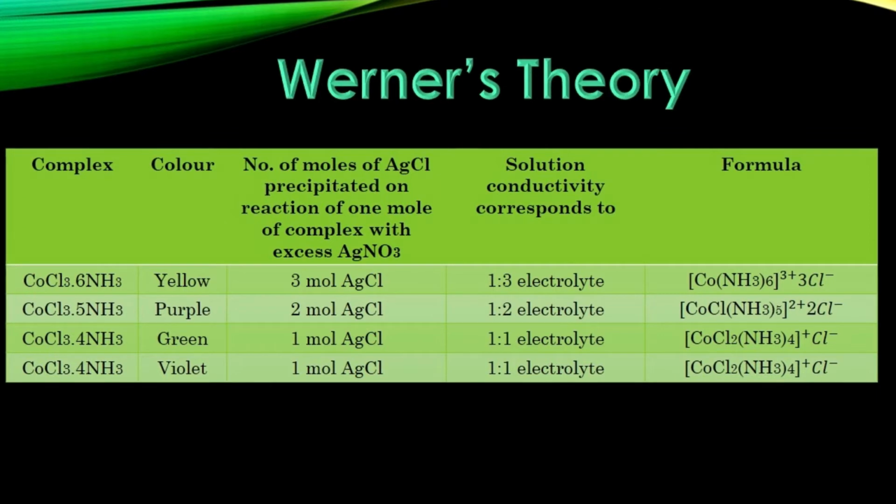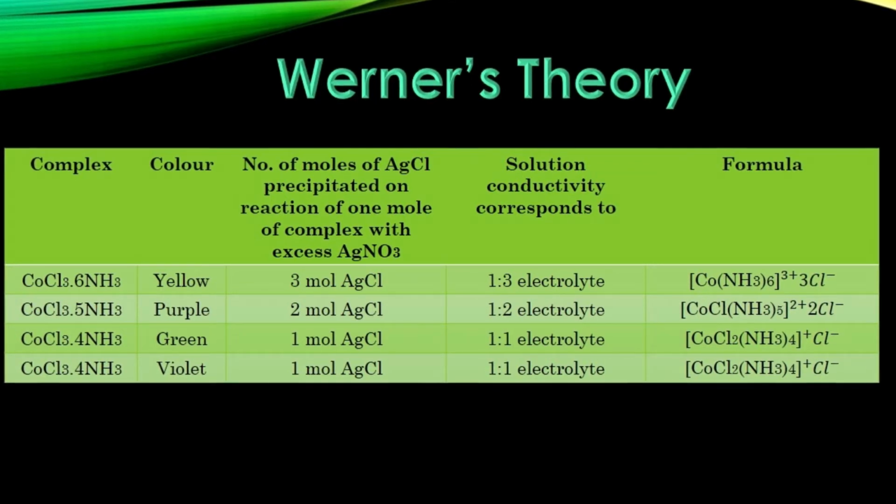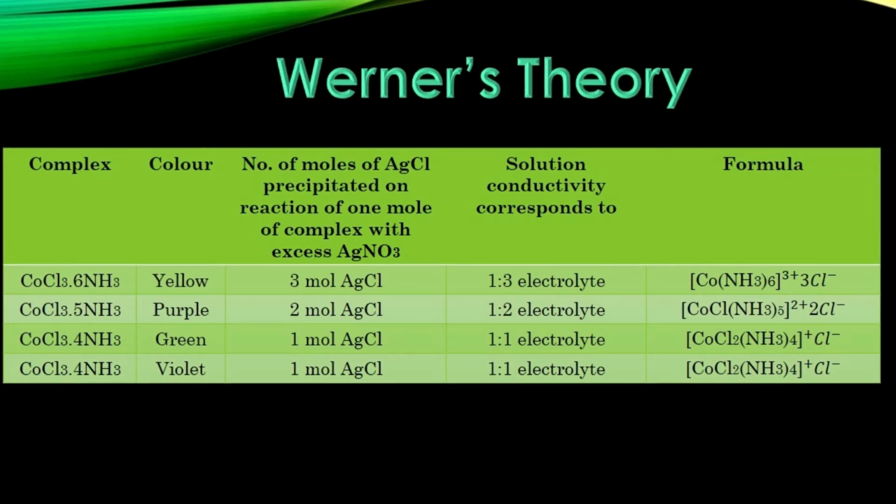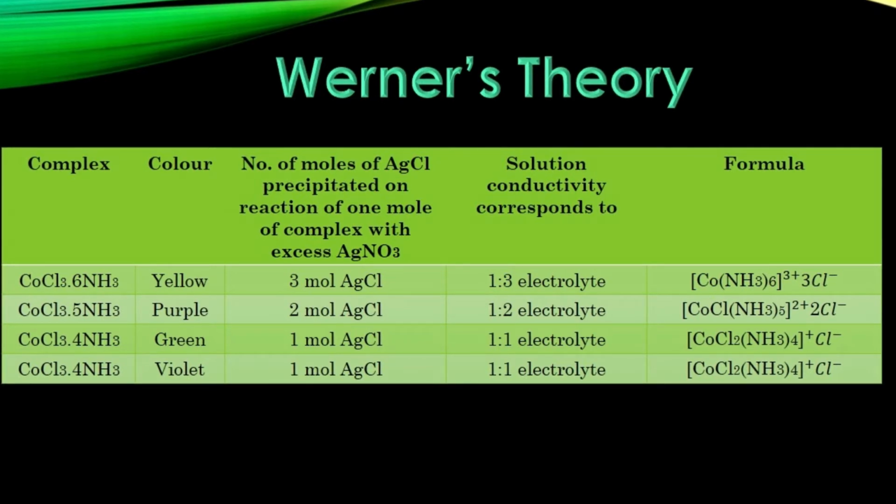For example, if you take the first complex CoCl3·6NH3, it has 3 chloride ions as primary valency, because when you treat this complex with silver nitrate, you get 3 moles of silver chloride, which tells us these 3 chloride ions are present outside the coordination sphere and they are ionizable.